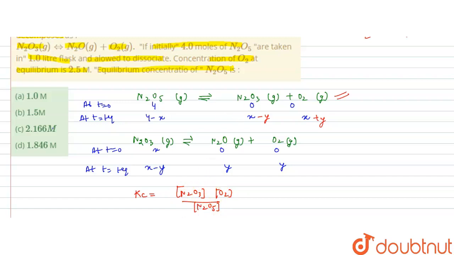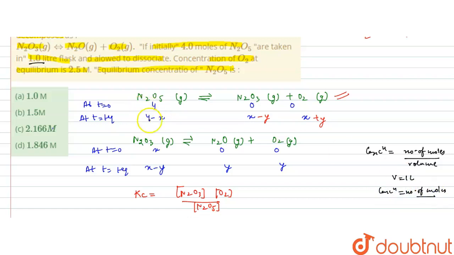Now concentration is calculated as number of moles upon volume of the vessel in which the reaction is taking place, but the volume is given as 1 liter. It means concentration will be equal to the number of moles.